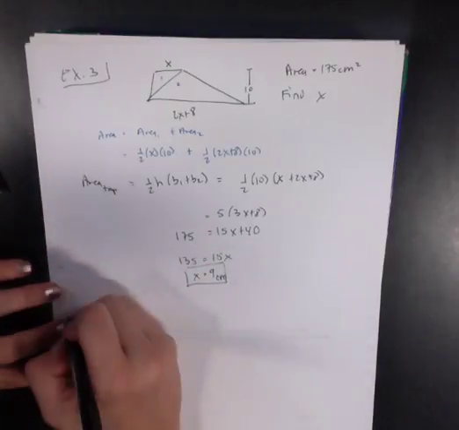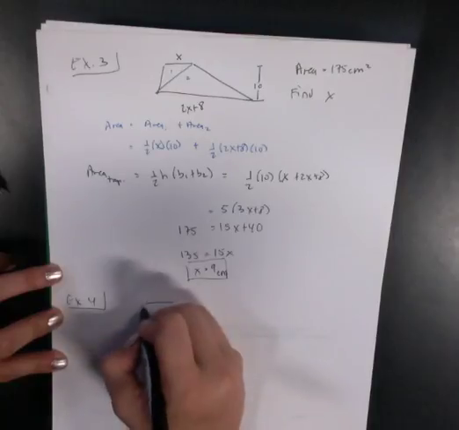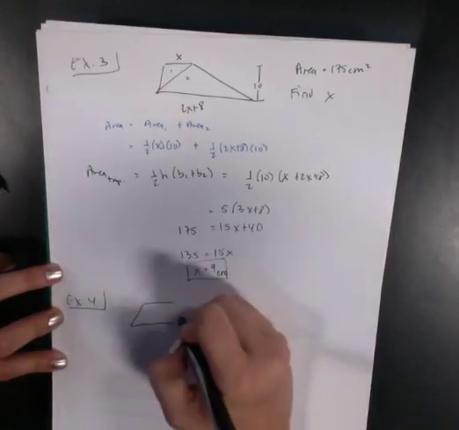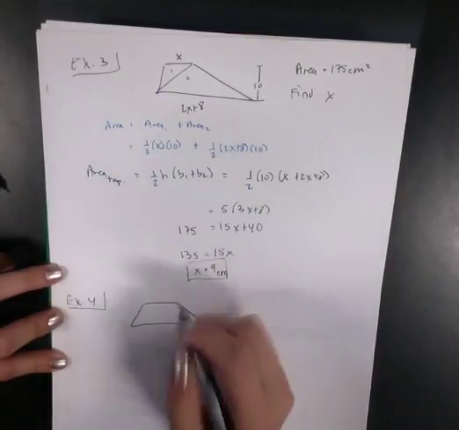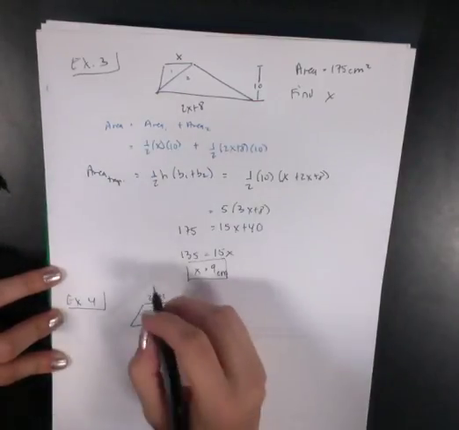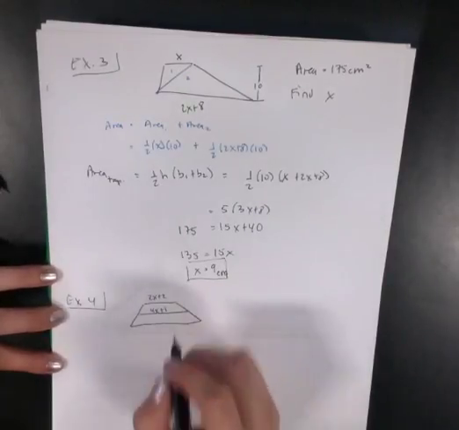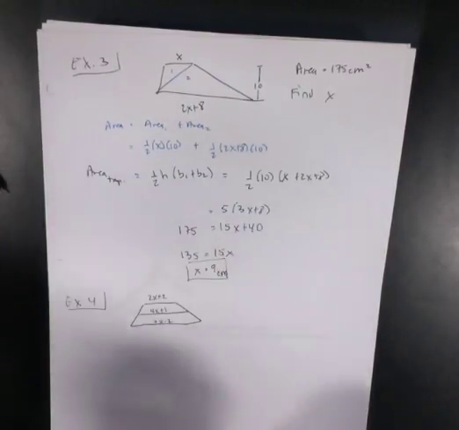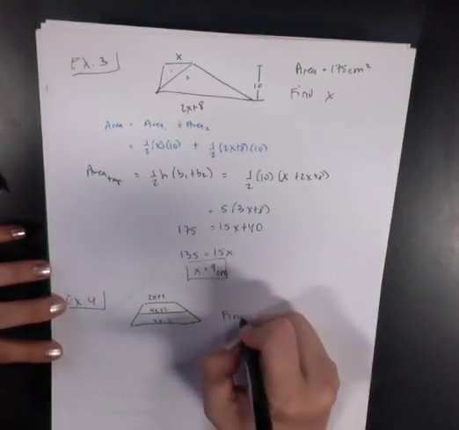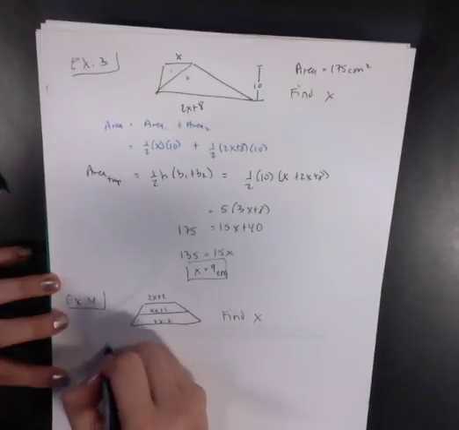Let's do another example. Here's this trapezoid. This is 2x plus 2, and my median, which is 4x plus 1. And I have 7x minus 2. I want to find x. Now, we know the formula for the median.